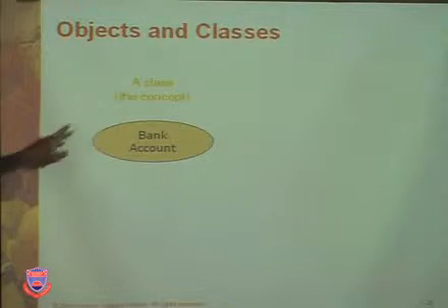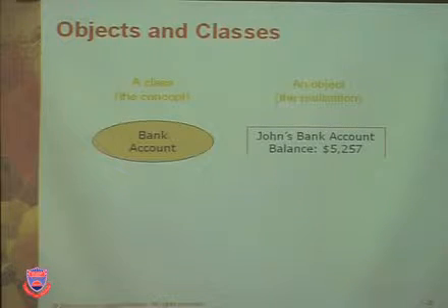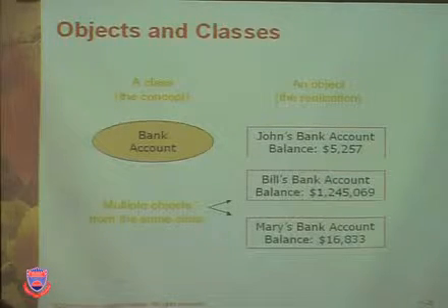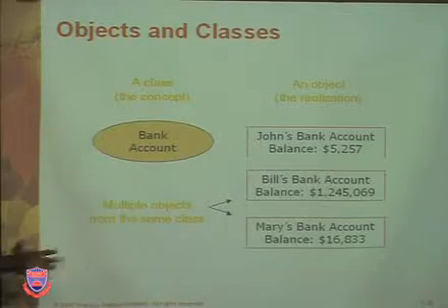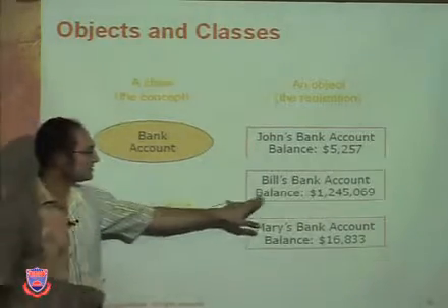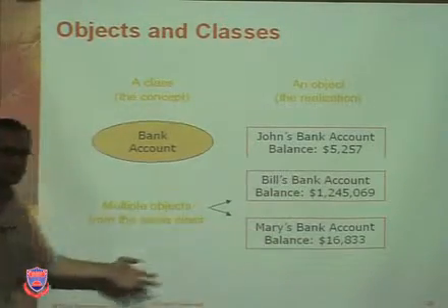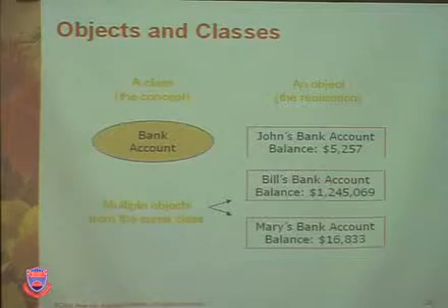For example, a class, the concept bank account, may be defined, and then you have an object that is used to implement this class. So for example, we have multiple objects such as Bill's bank account or Mary's bank account with certain specific characteristics. So you have the general class definition and individual objects that use this class.